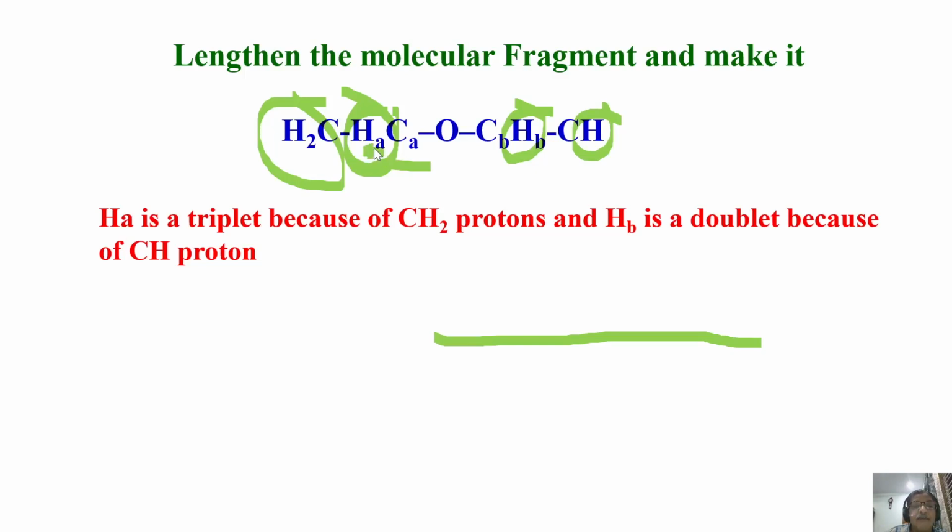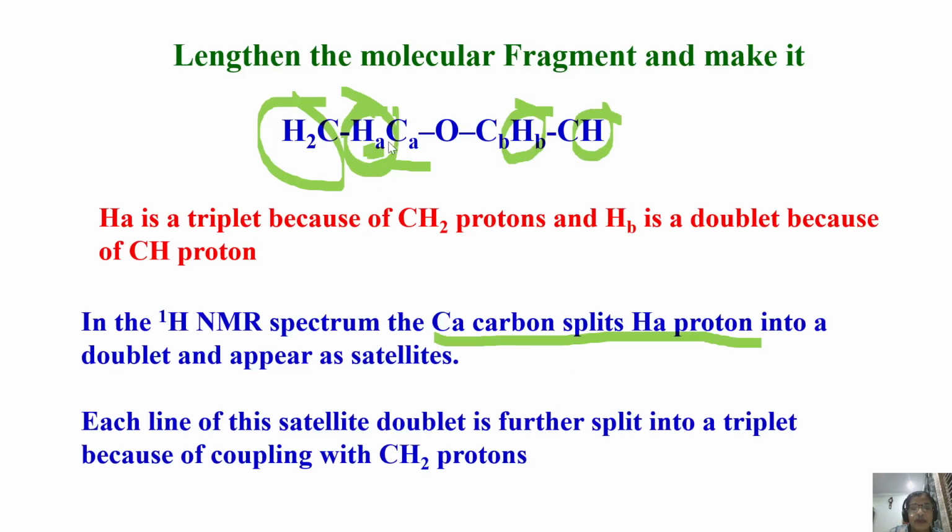You are seeing a doublet. What are these doublets? These are nothing but the satellites. If I look at the proton peak, this Ha peak has a single peak like this, because of C12 attached proton, and there are two small peaks on either side, they are called satellites.